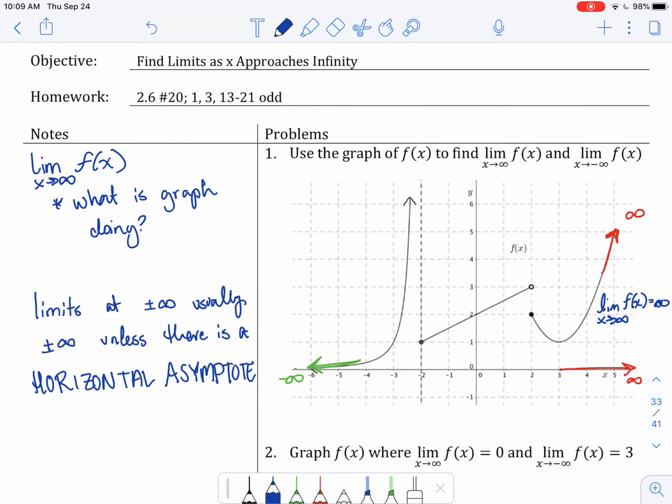So here we have a horizontal asymptote at 0, and just because it's different on one side doesn't mean that it's not still the limit here. So the limit as x approaches negative infinity of this function, f of x, is equal to 0.